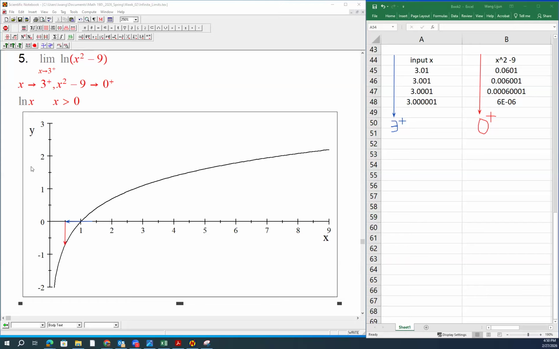If the input is even closer to 0, the output will be even lower. This is the so-called approaching negative infinity.